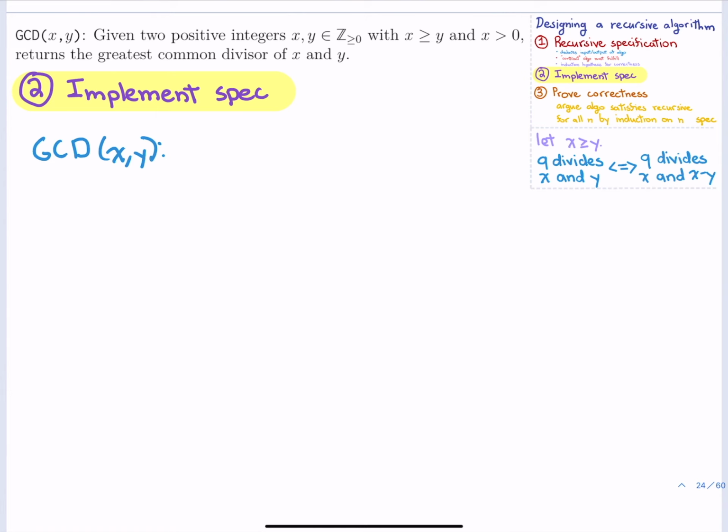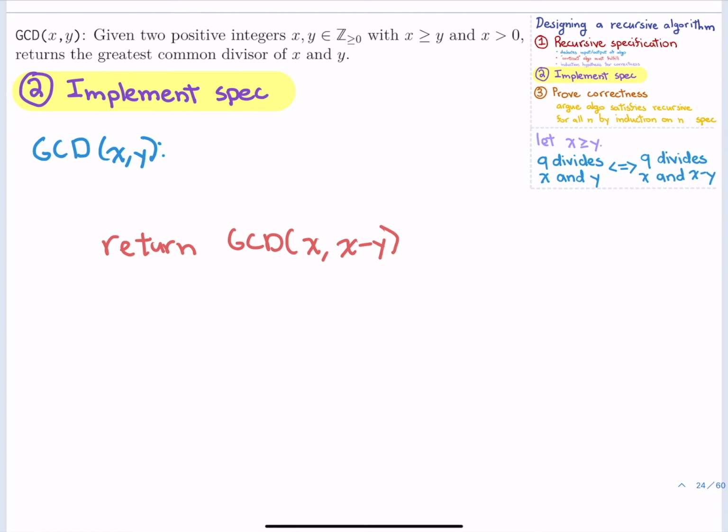I'm assuming that x is going to be greater than or equal to y. Okay, so you say return GCD(x, x minus y).